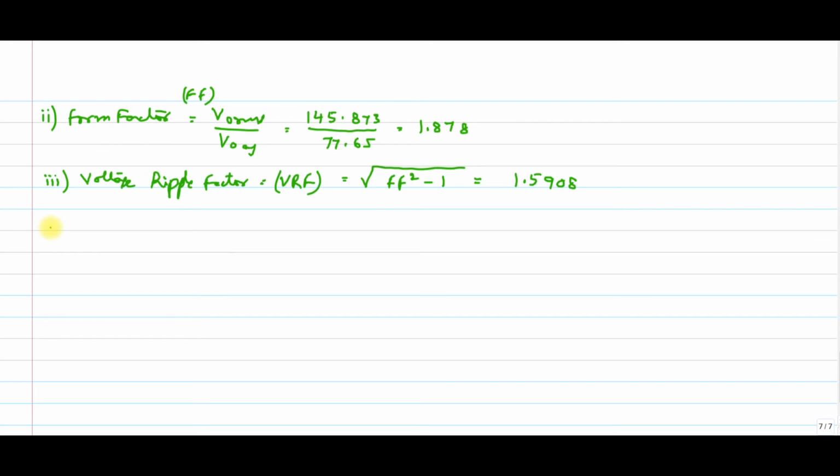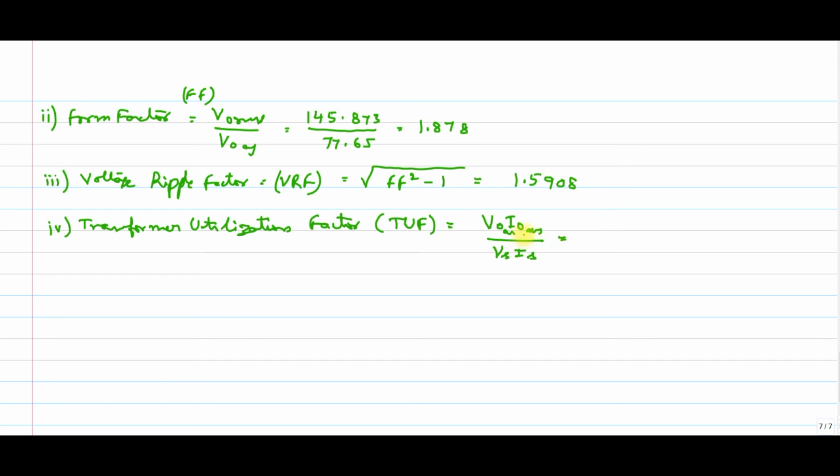The fourth one is transformer utilization factor. Transformer utilization factor is equal to V naught average into I naught average divided by Vs and Is. Vs is the source voltage and Is is the source current.